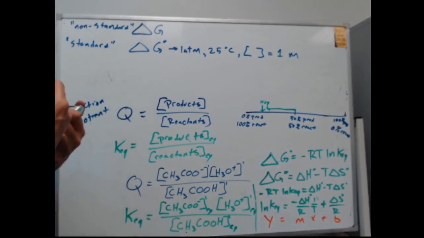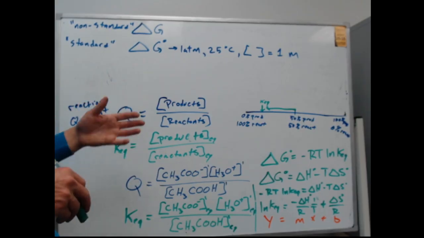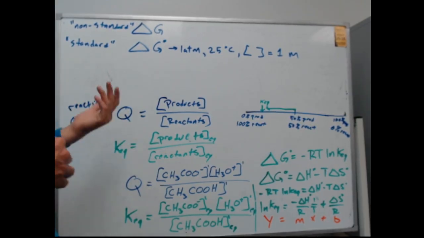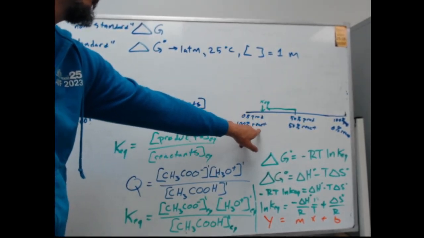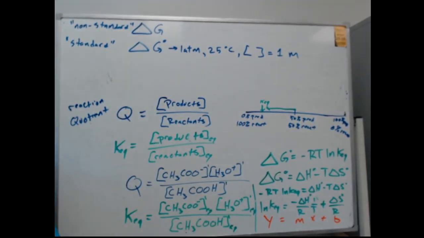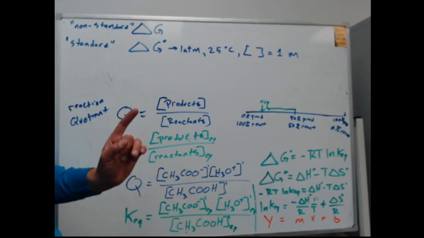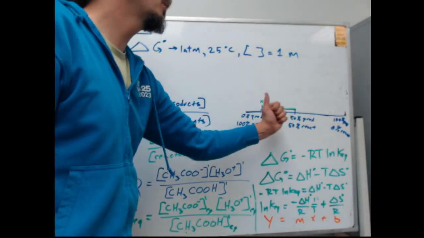And so this gives me a way to talk about the fact that I am going to be moving towards reactants. The fact that the KEQ is over here with more reactants than products, that makes this a reactant-favored situation. But there's a difference between being reactant-favored and going towards reactants. Right? From standard conditions, I'm going to go towards reactants.